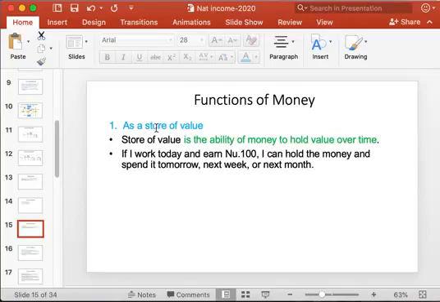As a store of value, the store of value of money refers to the ability of money to hold value over time.